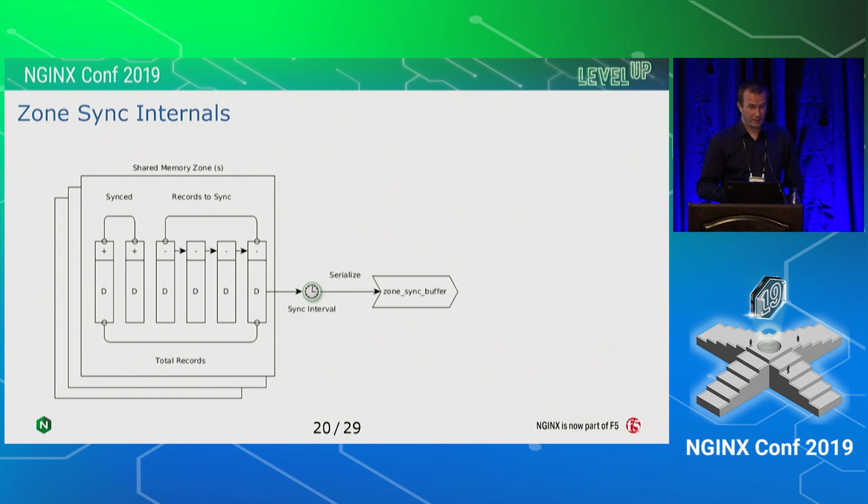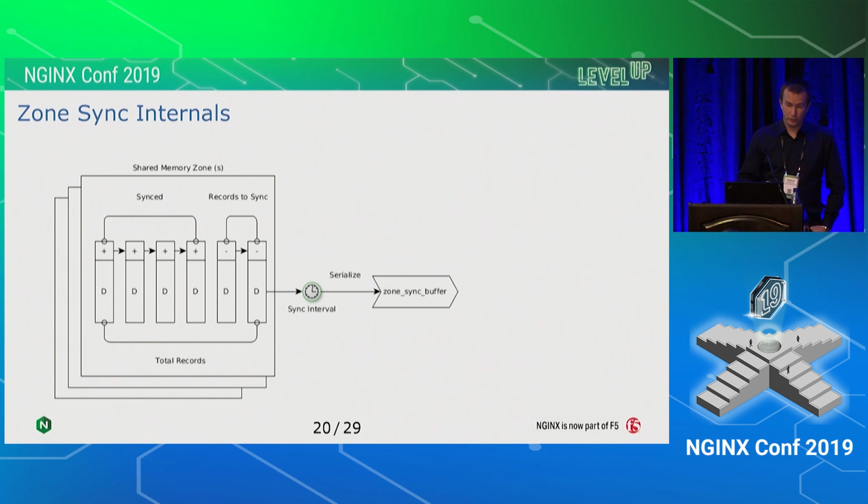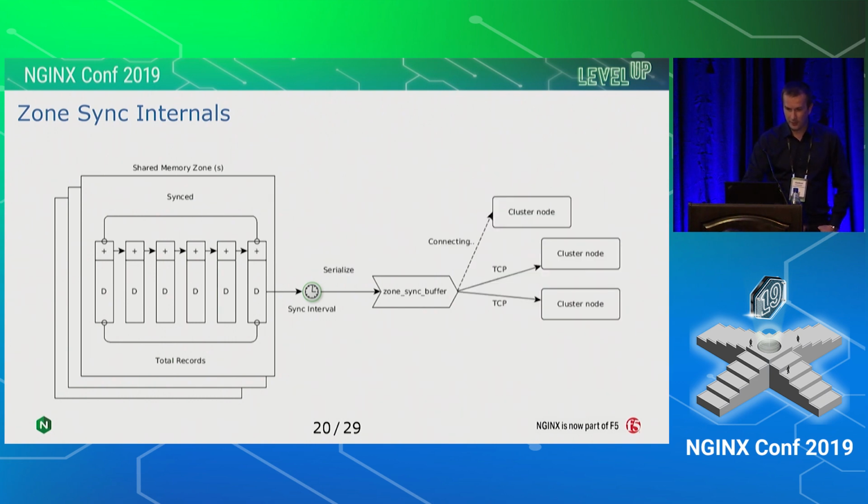The queue contains records that need to be sent to the cluster, and the zone synchronization module polls the output queues of configured zones at a constant interval. Only records created locally on a node may appear in the output queue. The module consumes the output queue and puts the serialized records into an output buffer. And finally, the output buffer is sent to all currently connected nodes.